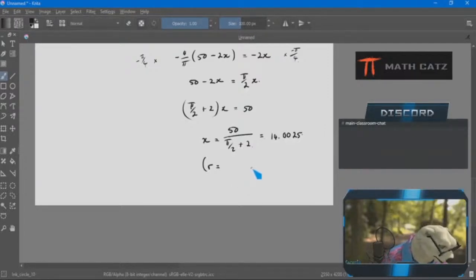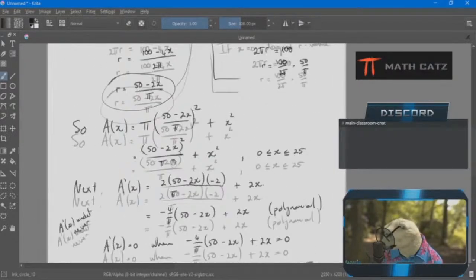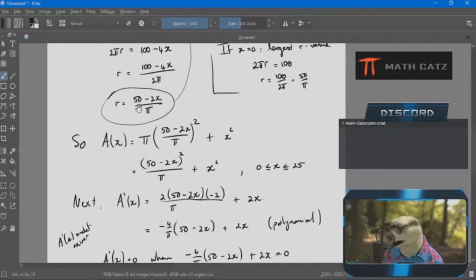It's up here. It is 7.0012. Please verify. And that is when I put this in the circle: 50 minus 2 times x, which is 14 point something, divided by pi. Okay, there it is.